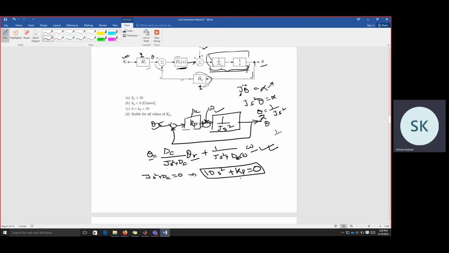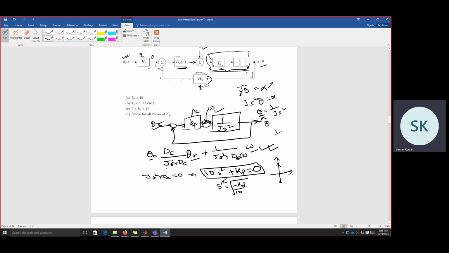The roots are just on the imaginary axis, because you have s square equal to minus Kp by 10. So if you take the square root, this is negative, so plus minus j omega you'll get, and this will be on this imaginary axis.